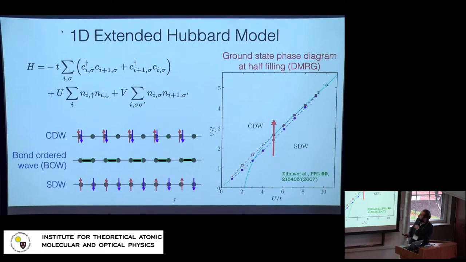As you sit at a particular U and increase your V, this phase transition is a continuous transition. This other one from BOW to CDW is also continuous up to some U, and then the character changes to a first order transition, and then you have a terminal point here where you have a direct transition from SDW to BOW.